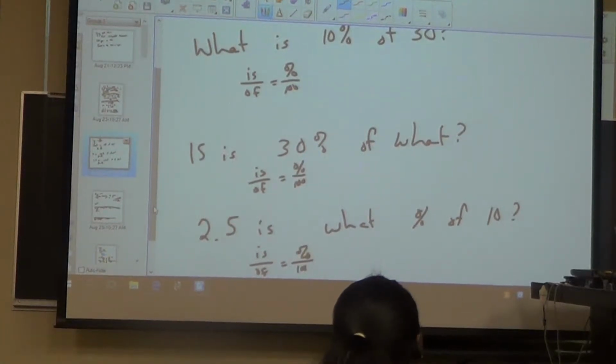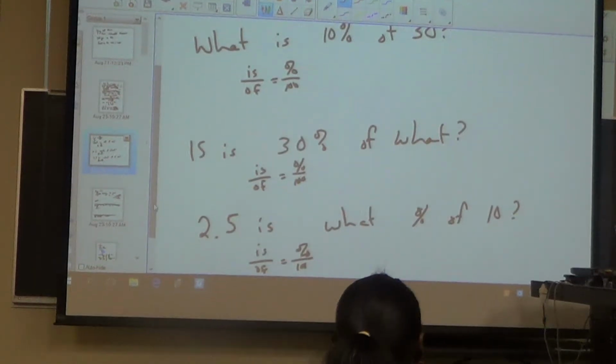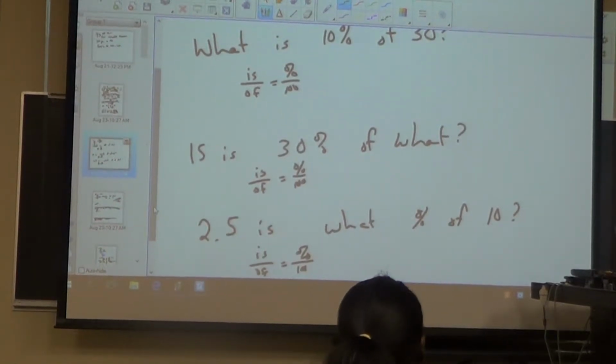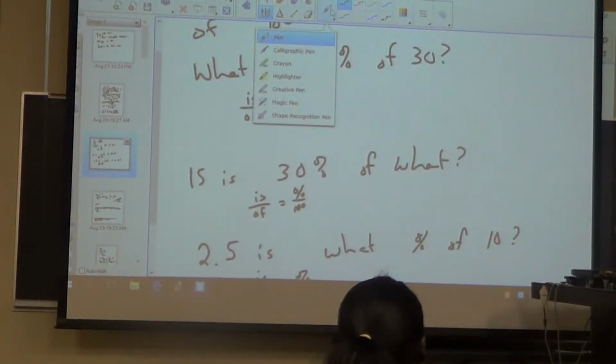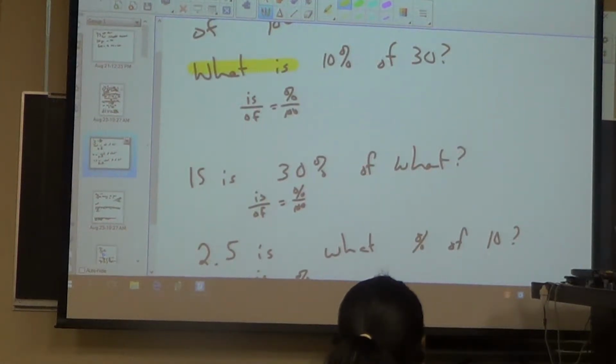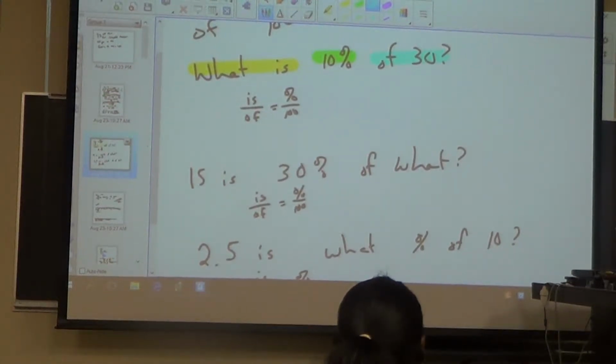Now, some of you are going to be really good at this, and some of you are going to struggle with this, so I'm going to do a couple of them. When you read the problem, it tells you where to put things. What is 10% of 30? So your is is what you don't know.